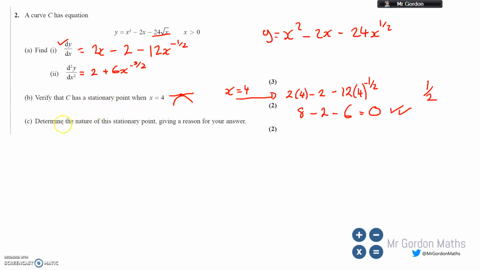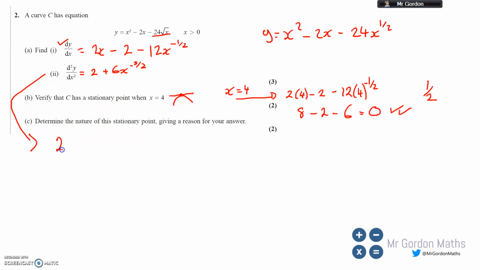The second part is: determine the nature of this stationary point. Give a reason for your answer. Well, the second differential, this is what we use to determine the nature of a stationary point. And again, we're just going to put in our value 4 into this and see what happens, all right?